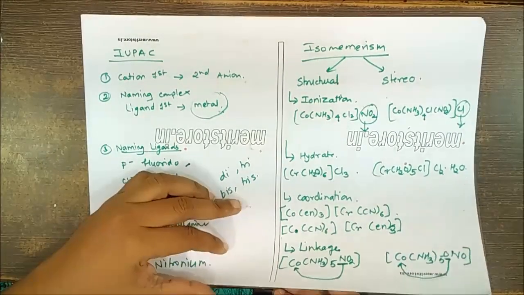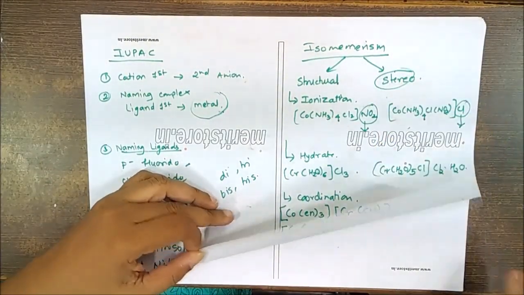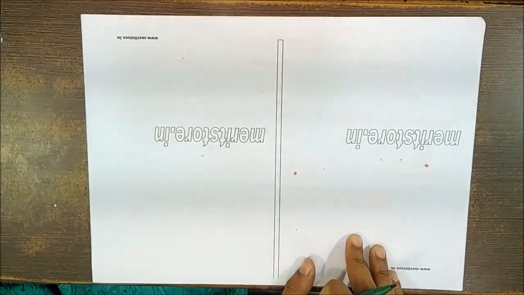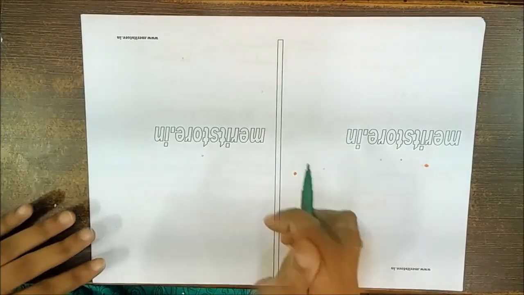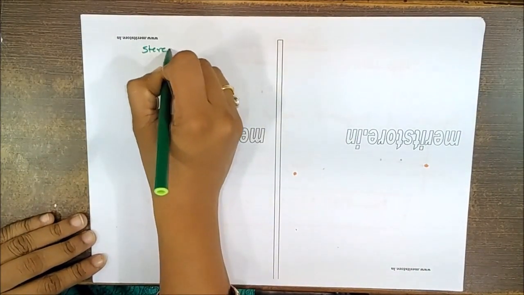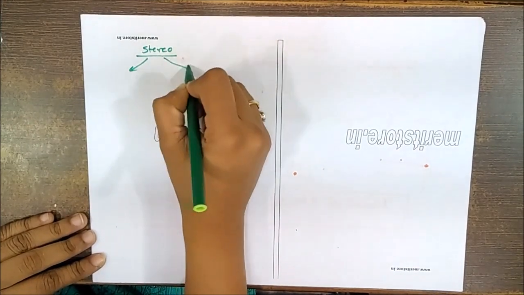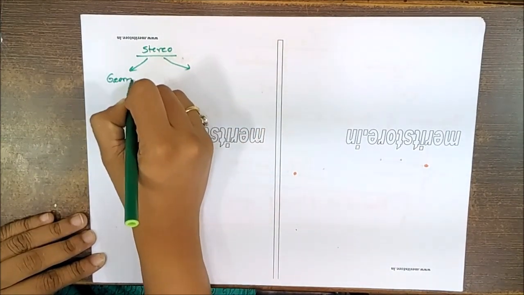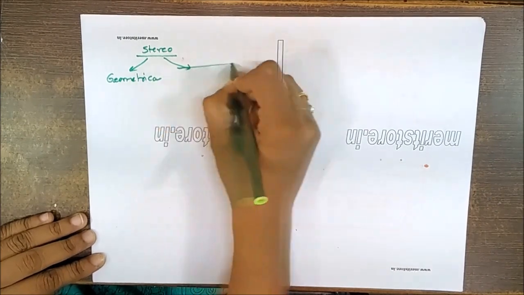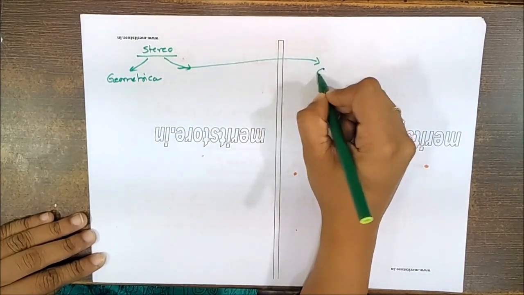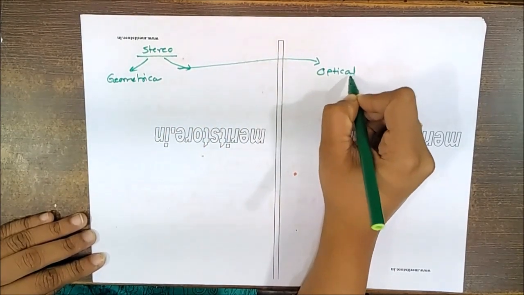Now next, we are going to talk about stereoisomerism. In stereoisomerism, there are two types of isomerism. One is geometrical and the second is optical isomerism.